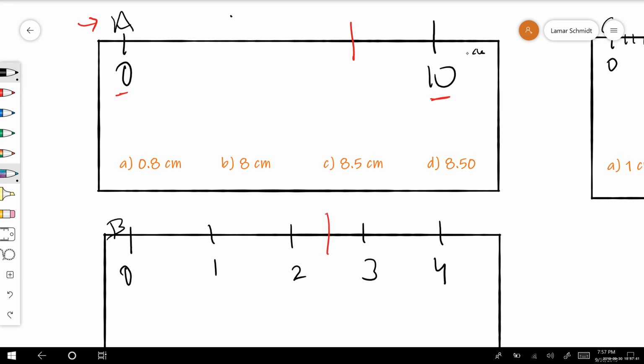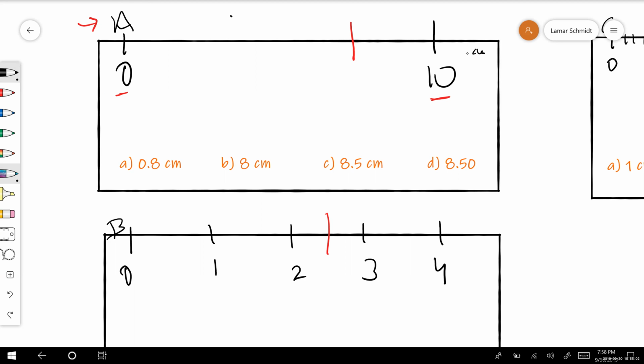We didn't write it on there, but it's in centimeters. So we only know at 0 and 10 centimeters. So everything else we're kind of guessing. And so we only get one estimation here, all right, because we can only guess between 0 and 8. So it's one guess or one estimation.